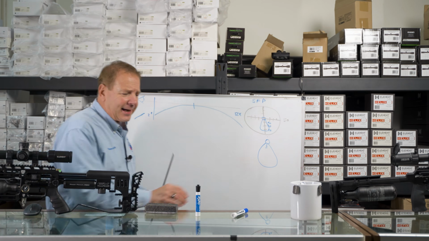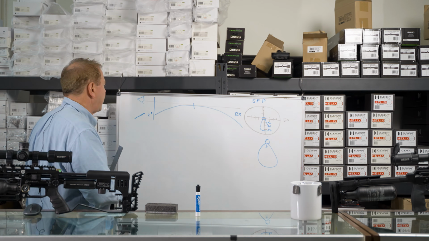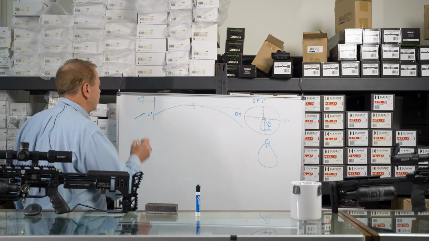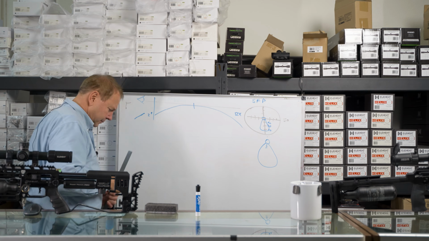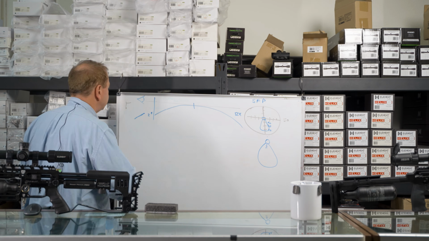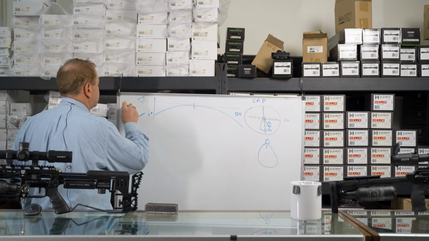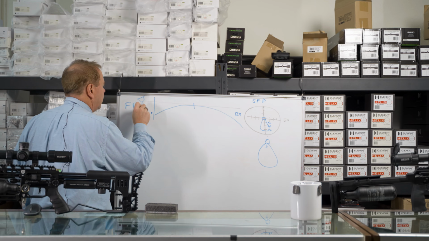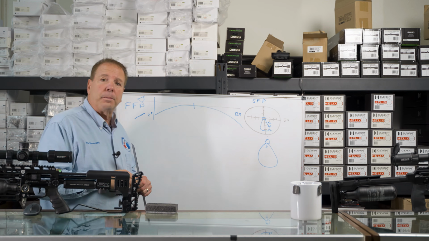Now, I said I wouldn't say FFP, but it looks better to write FFP versus 1FP. FFP is for this side, and we're going to show you the ease of using a first focal plane scope.